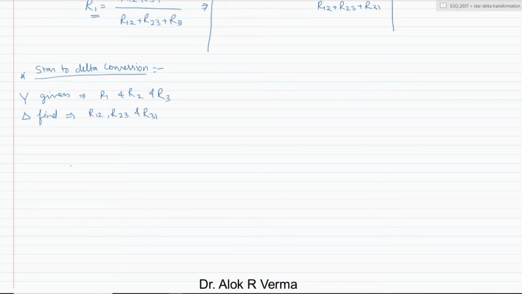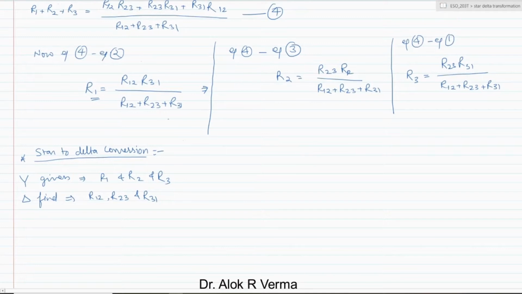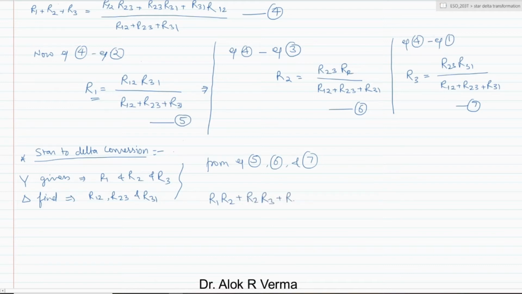Okay, so from the equation, this expression, right? Suppose this is given as 5, this expression as 6 and this expression is 7. Okay, so now from 5, 6, 7, if we want to calculate these quantities, let me write here. So from equation 5, 6 and 7, calculate R1 R2 plus R2 R3 plus R3 R1.